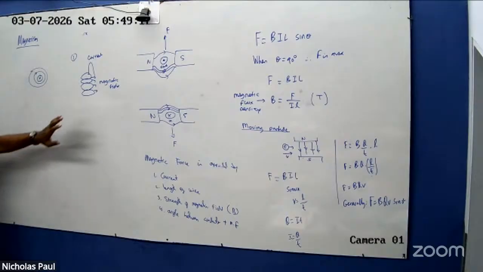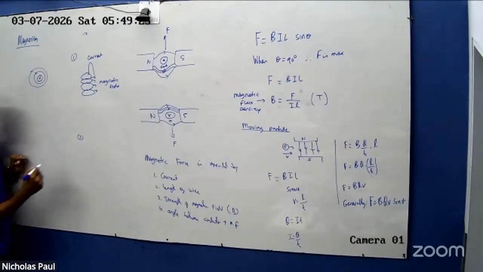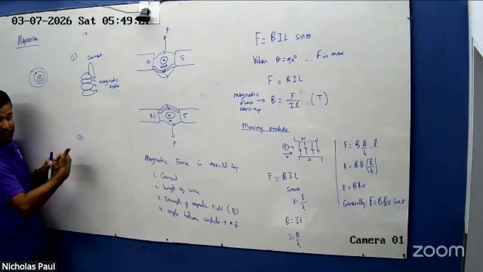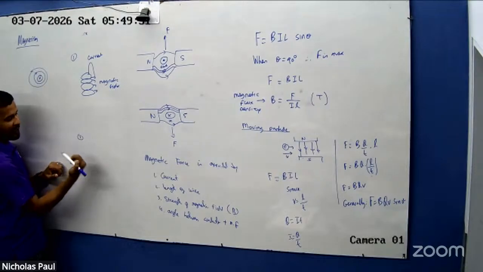So you use a rule like this if it's a straight conductor. But now when it's a solenoid, we do it the other way around. For a solenoid, we switch them around.